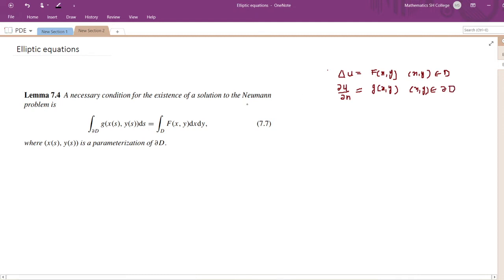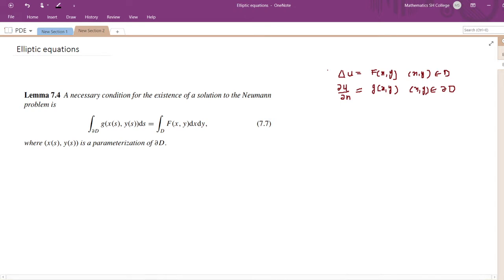So the condition says that this will have a solution. The solution will exist if the integral over the boundary of D of g, which is the value of the derivative on the boundary, is equal to the integral over D of f of x, y dx.